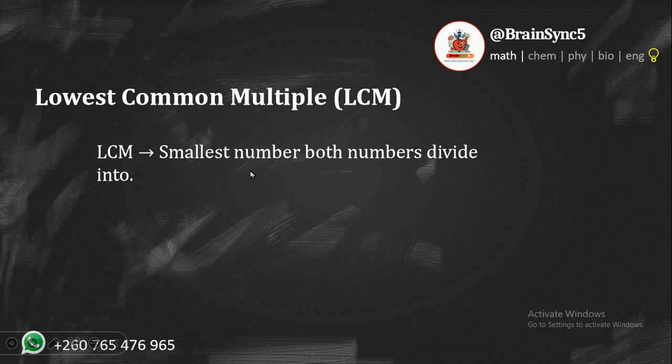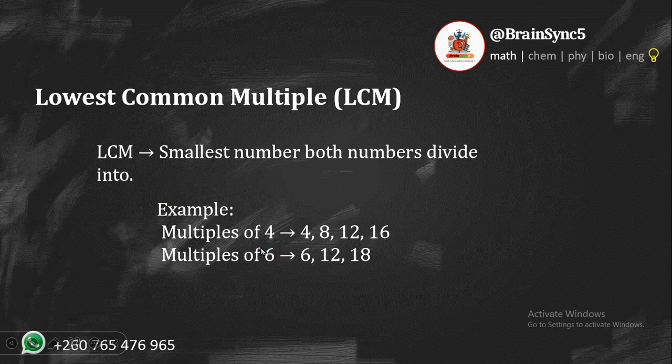You see? So when we talk about lowest common multiple, we are talking about a very small number that the two or more numbers you are given can go into. They share a common goal, something like that.